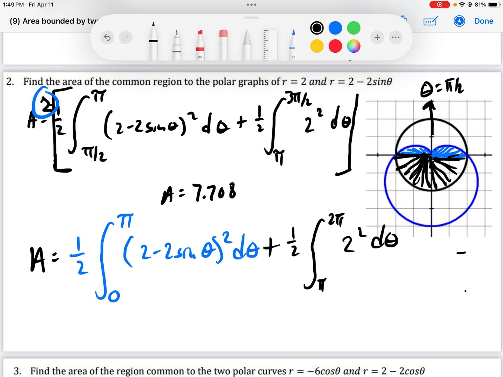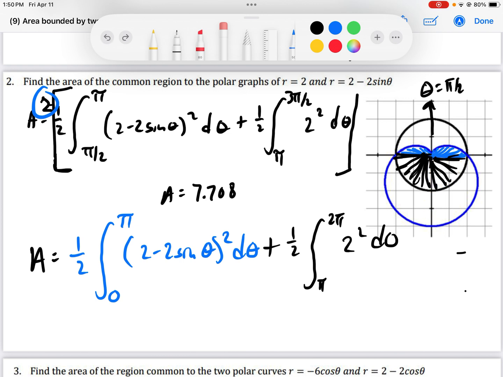One other way you could do it is starting at theta of 3 pi over 2, using that and then going back around. I just don't think that's very good. I wouldn't do it that way, but you could.